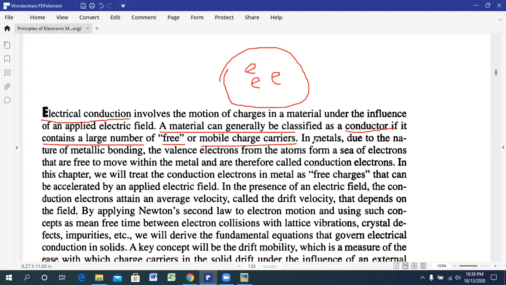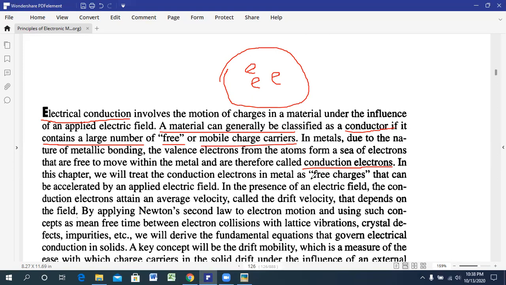Is that okay? Now we know that in metals there is usually the metallic bond, and there are a lot of free electrons. Usually the free electrons in the metal are known as conduction electrons.